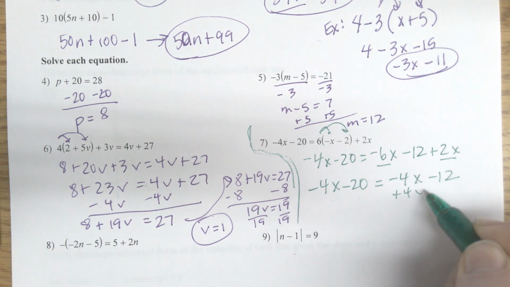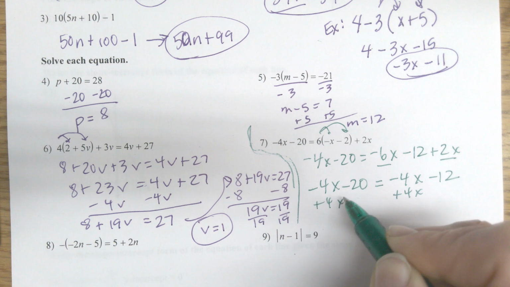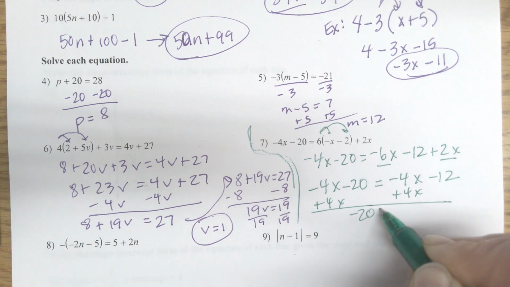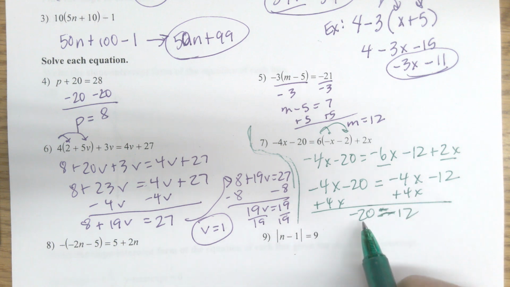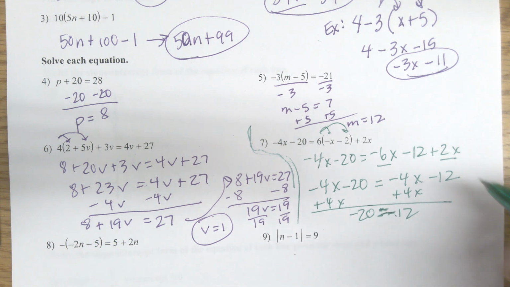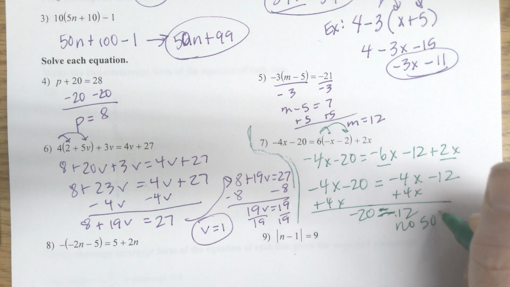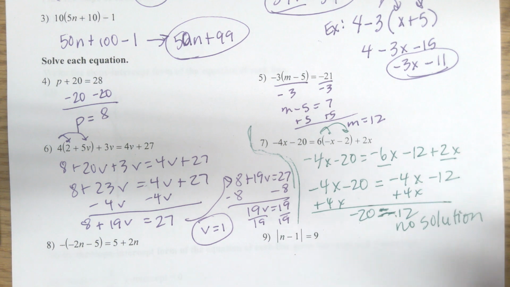When I add my 4x, I end up with negative 20 equals negative 12. And this is impossible. Negative 20 will never equal negative 12. So we say no solution. If you come up with something that is never going to be true, it is a no solution situation.